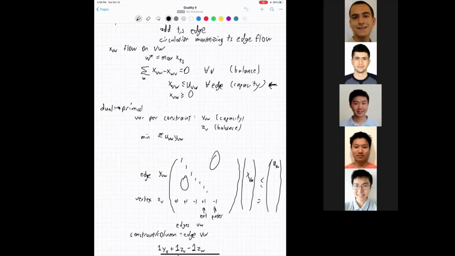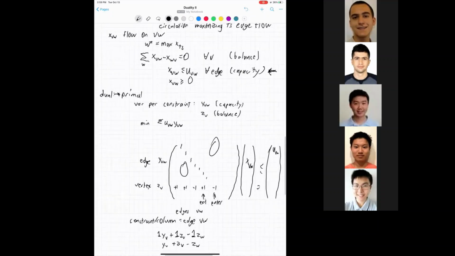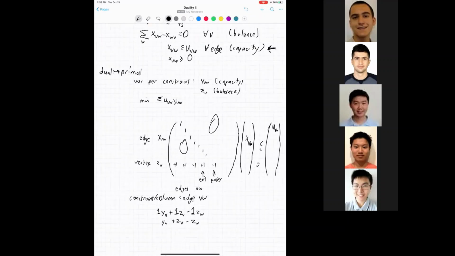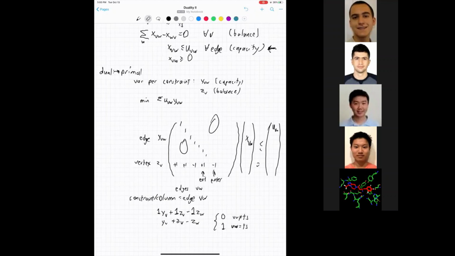We see that all of the coefficients are 0 except for the XTS variable. So this value is going to be equal to 0 for VW not equal to TS, and 1 if VW is equal to TS. Sorry, I jumped the gun here. I don't know yet if that's going to be an equal sign. So that's actually the next question.